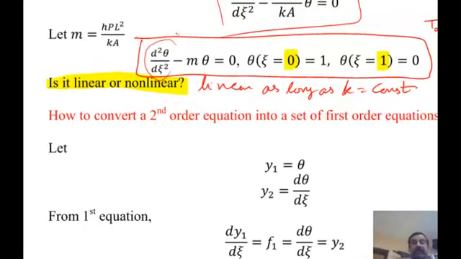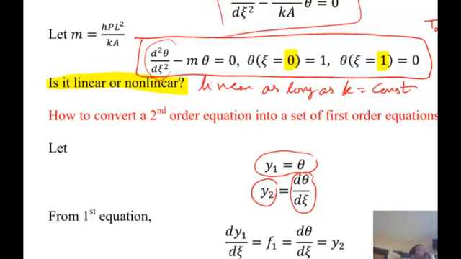You define two variables. The first variable is y1, simply theta, the dependent variable of the original equation. Now I need to represent these unknowns as a vector because I'm going to have more than one first order equation. Then I take the derivative of that unknown, d theta d psi, and define it as my second function.